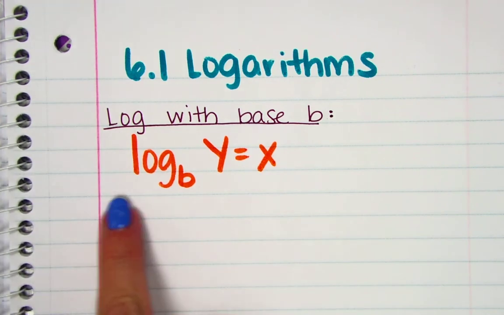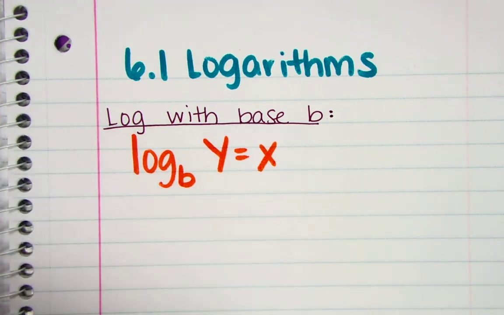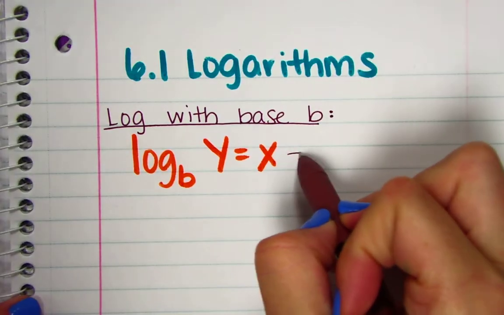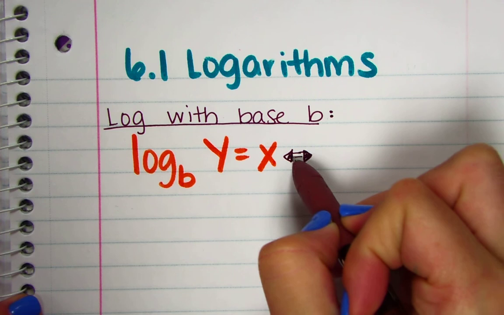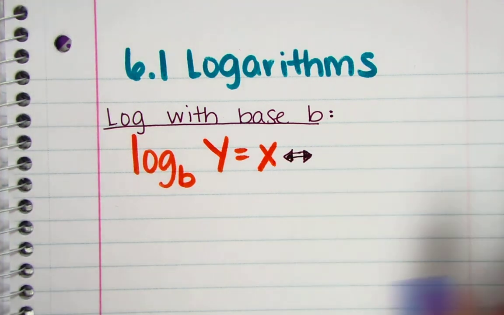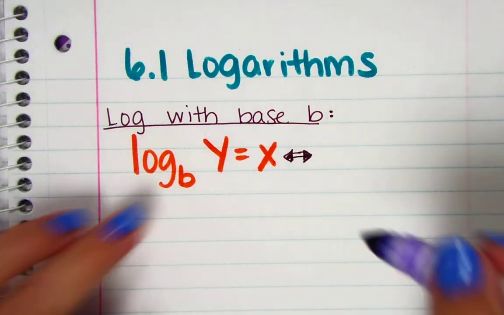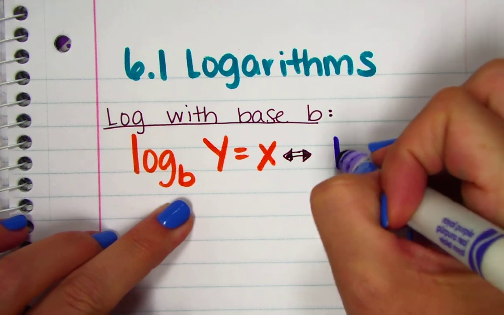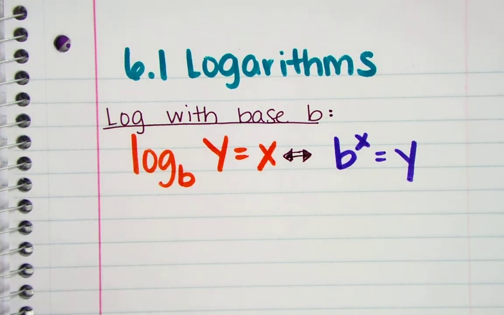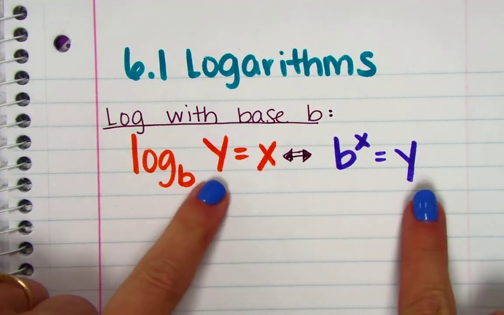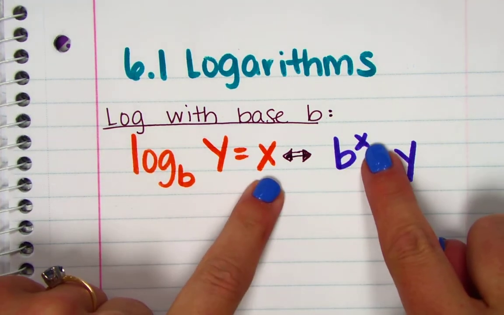Okay, this is logarithmic form. And that is the same thing, a different way of saying b to the x power equals y. The same b, the base here is the base here. These b's are the same, these y's are the same, the x is the same.